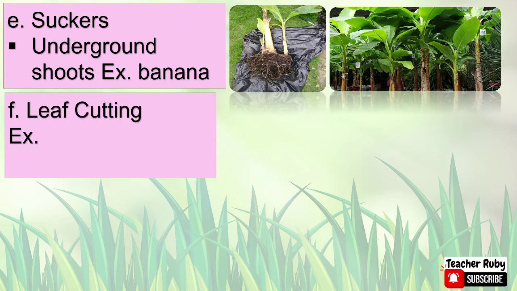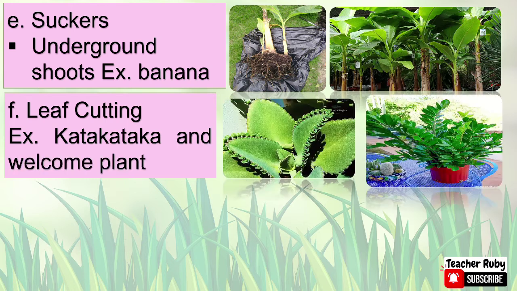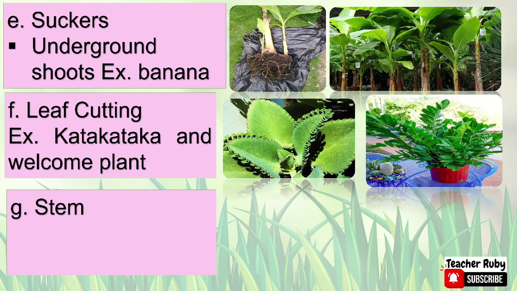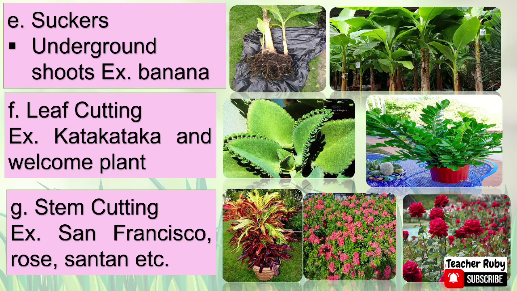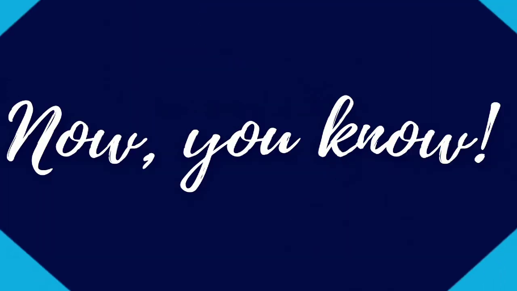Leaf cutting, example, katakataka and welcome plant. And for the last, stem cutting, San Francisco, santan, and etc. Now you know the different modes of reproduction of non-flowering plants.